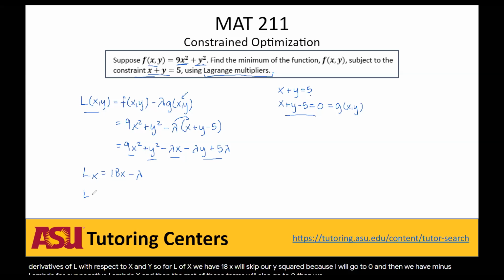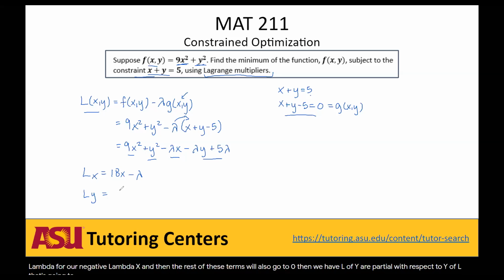Then we have L sub y, our partial with respect to y of L. That's going to give us 2y, and then minus lambda. And the rest goes to 0.